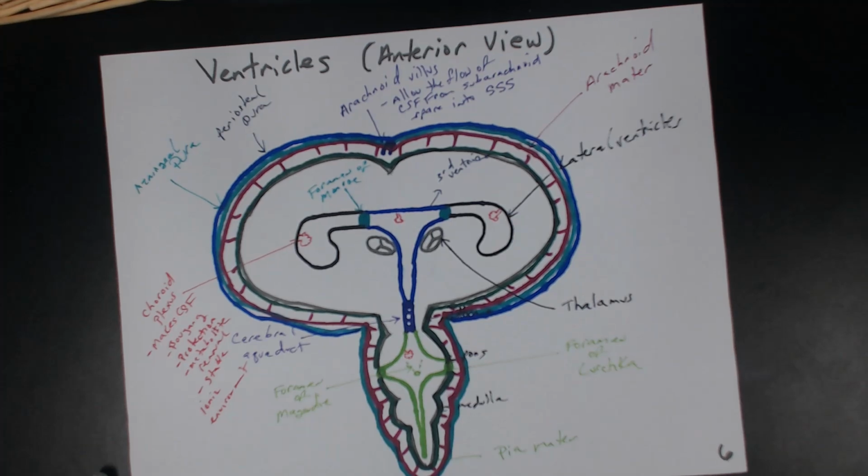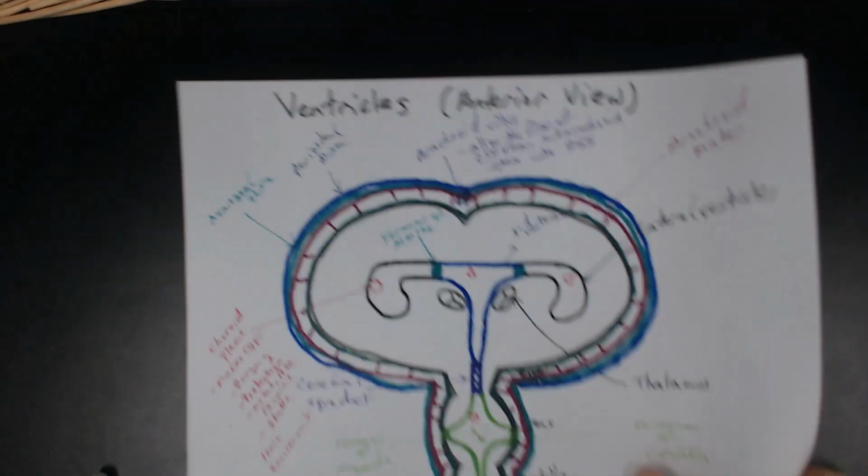Other questions? So that's essentially what hydrocephalus is. That's what causes it, and you can now see the connection between the ventricular system and the meningeal system. It all works together. Okay. Questions? All right, let's go ahead and move on to the next part then.